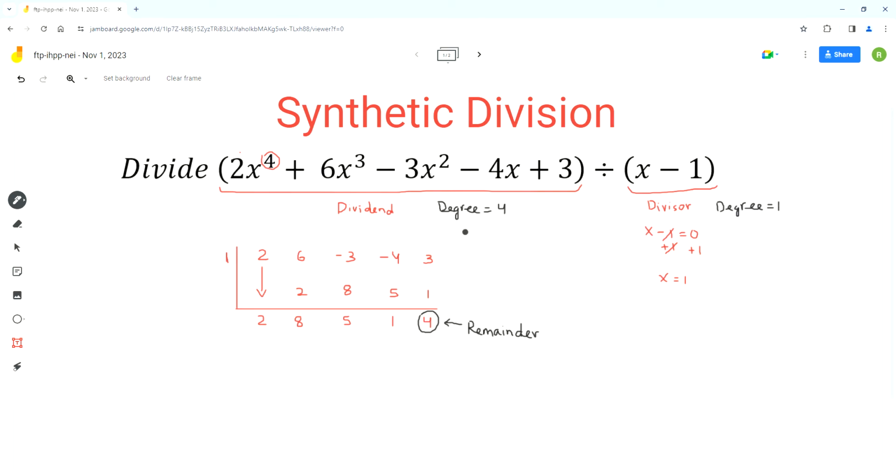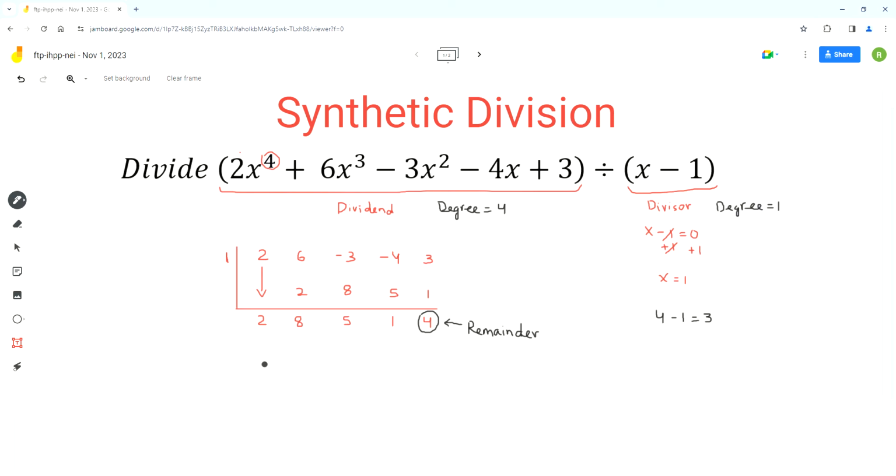In the case of the dividend, the highest power on x is 4. That's why the degree is 4. So the degree of the quotient will be 4 minus 1. So we subtract their degrees, which is equal to 3. So the degree of the quotient is 3.